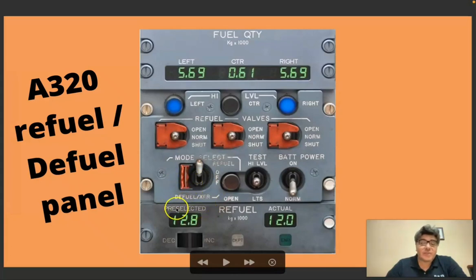In case of defuel or fuel transfer operation, we need to put this mode select into defuel transfer, and we need to confirm the opening of the defuel transfer valve by monitoring the light here on the refuel panel. So this is an example of the defuel transfer valve from the Airbus A320 aircraft.